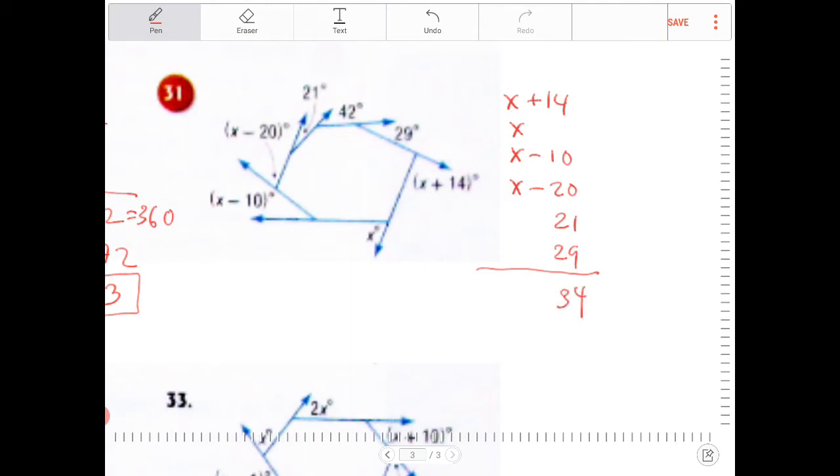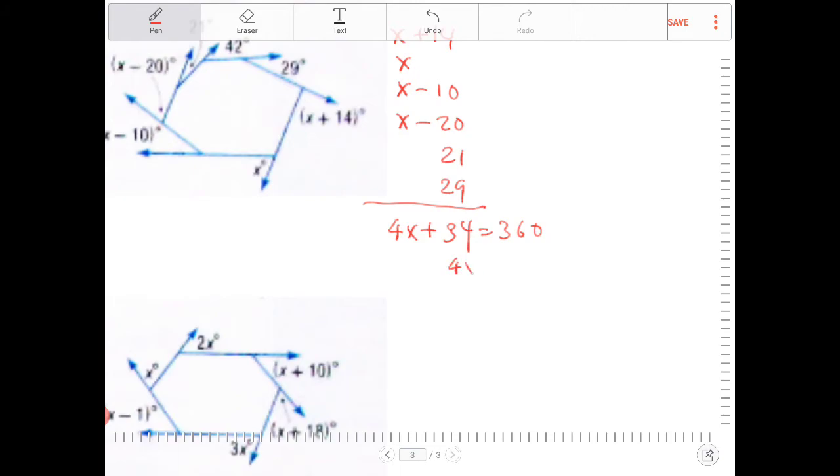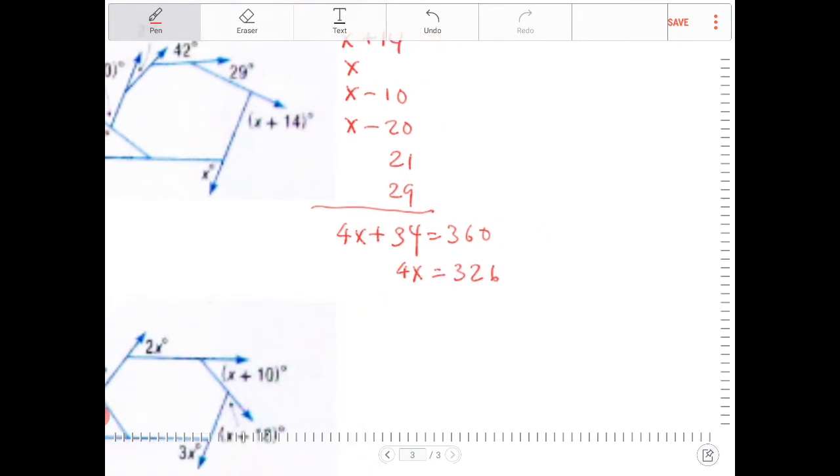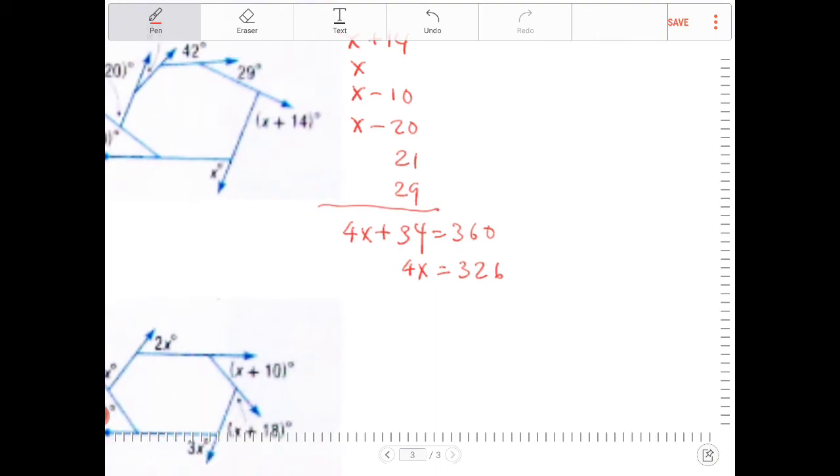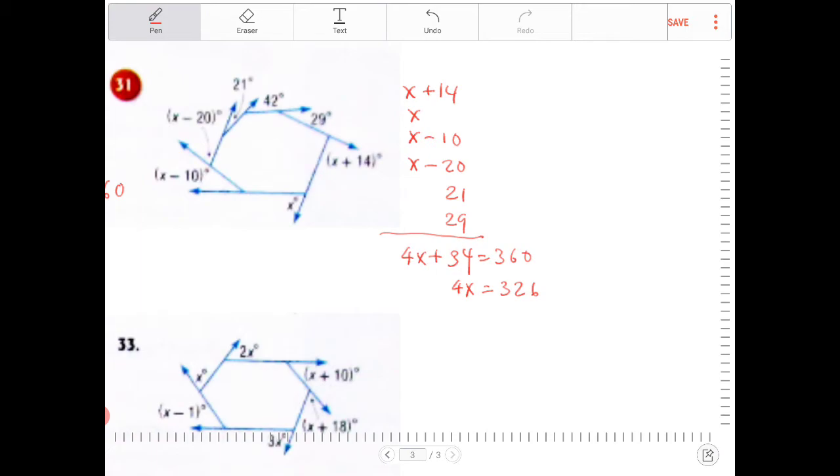And then I have 4 x's, and this all adds up to 360. So I end up with 4x is equal to 326. Divide by 4. I don't end up with a nice number. I just want to make sure that I added this up correctly. Negative 30 plus 29 is negative 1.